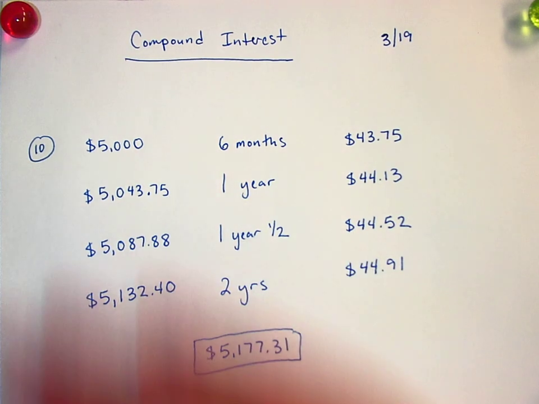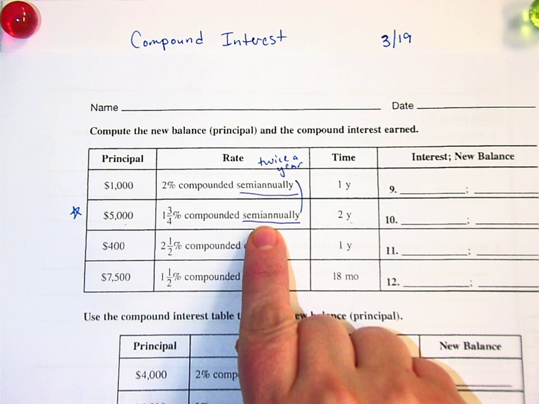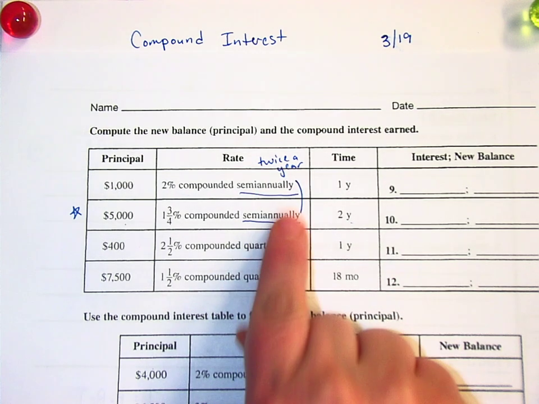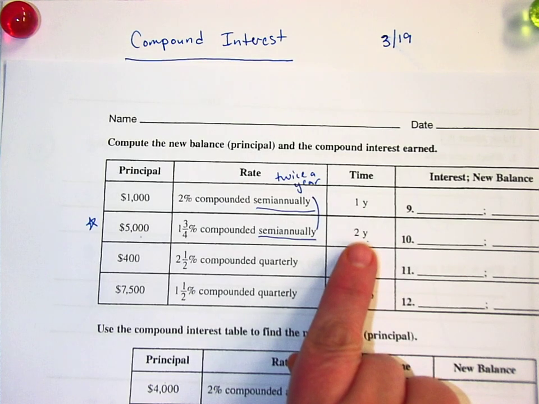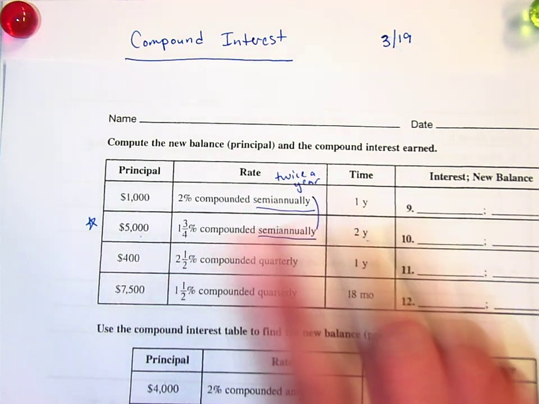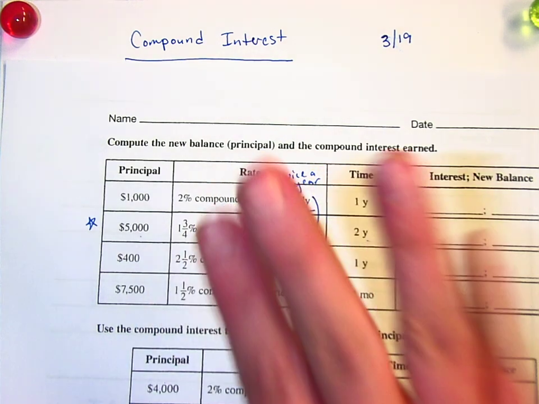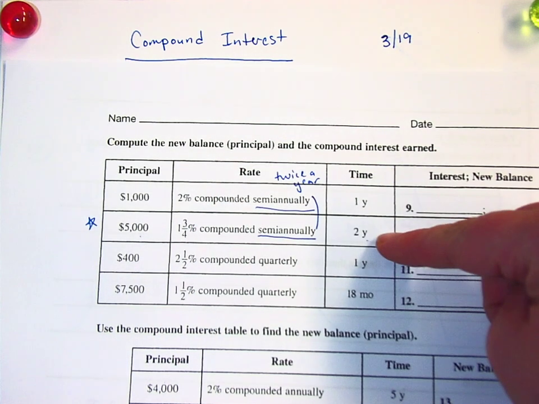Okay, I'm going to take you back through what happened for this problem. This is compounded semi-annually, which means twice a year, every 6 months. And we're doing this for 2 years, which means there's going to be 4 lines, because 2 years has 4 6-months in them. 6 months, and then a year, and then a year and a half, and then 2 years. So 4 times.